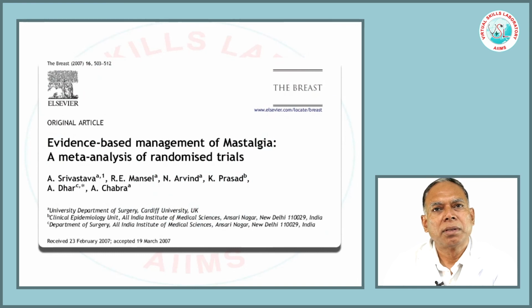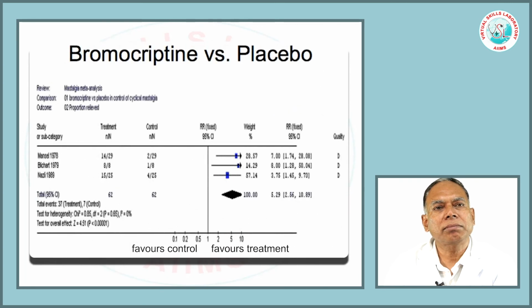This was published in the journal The Breast. When we compare the results of Bromocriptine versus placebo on a forest plot shown here, we can see that the pooled result depicted by this black diamond favors use of Bromocriptine as compared to placebo.